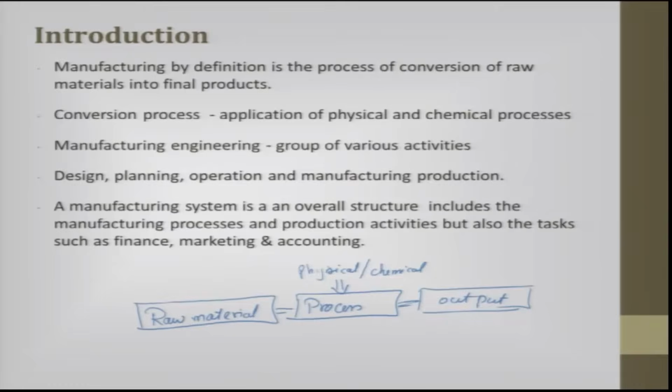You can change the shape, you can change the size, or you can change only the property to get the required output. When I talk about shape and size, you can use additive process or you can use subtractive process.